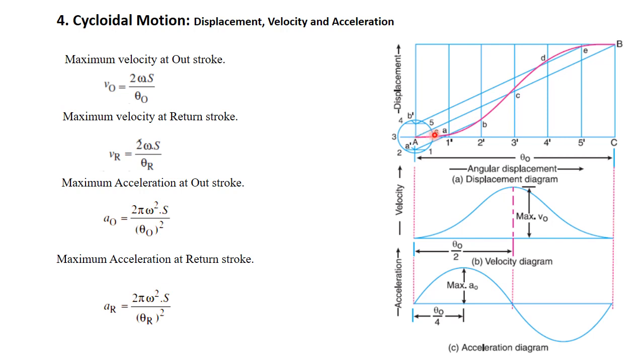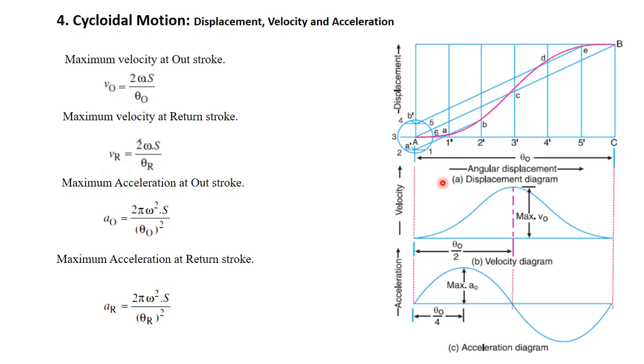We find here a very gradual increase of displacement at the beginning, then a sudden increase at the mid, then a decrease, and then a smooth ending of the stroke. So here the cycloidal motion takes place with a smooth curve.